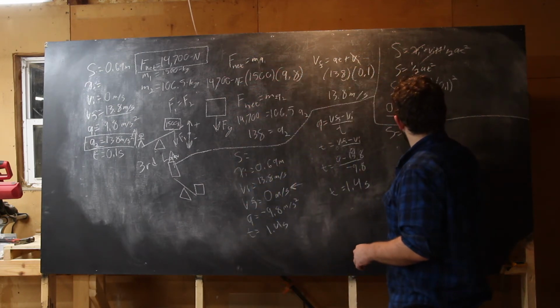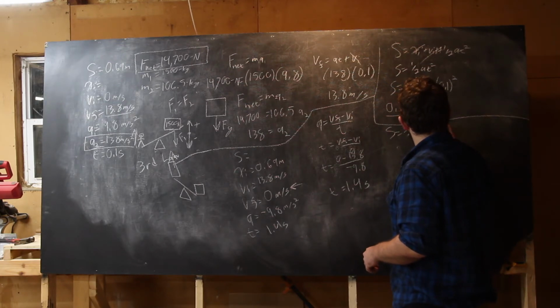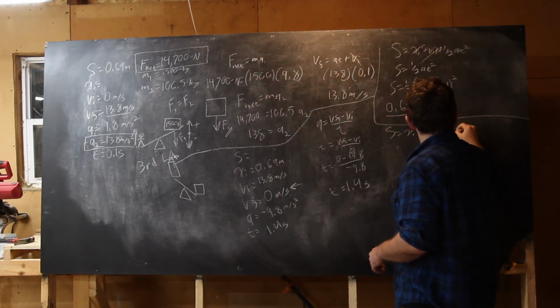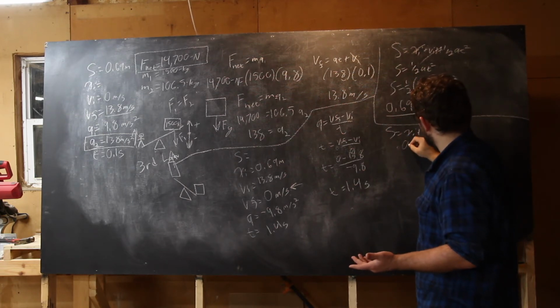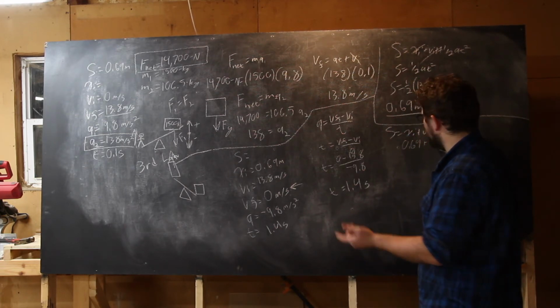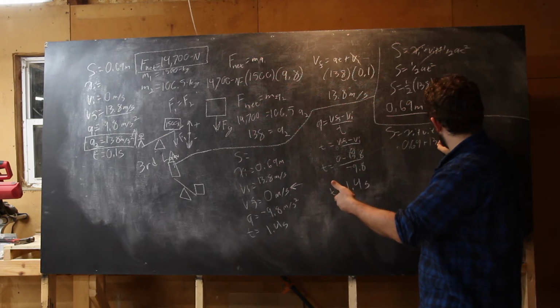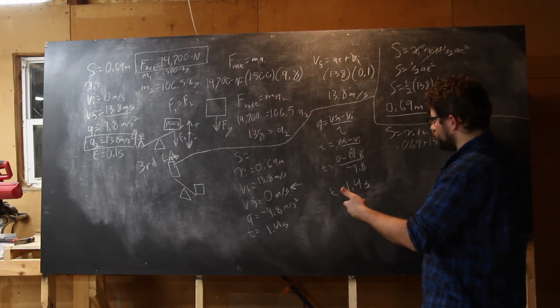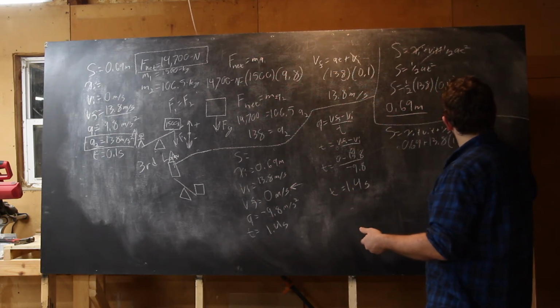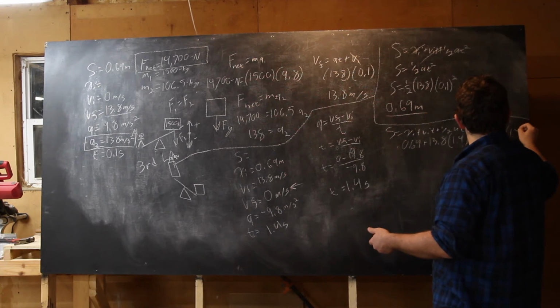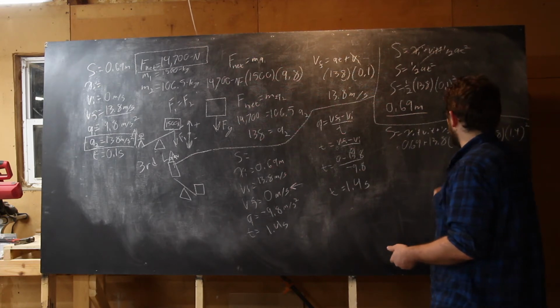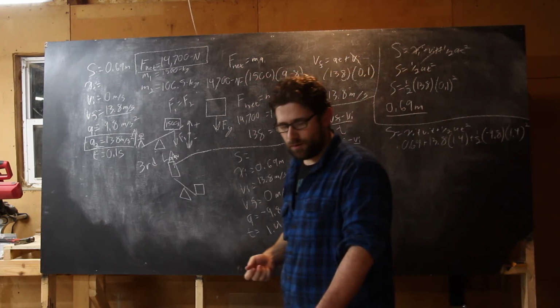So S equals xi plus Vit plus 1/2 At squared. I have a value for all of these this time, so 0.69 for xi, Vi is 13.8 times 1.4 plus 1/2 times negative 9.8 times 1.4 squared. Whew, that one's a doozy. Let's go ahead and simplify that down.